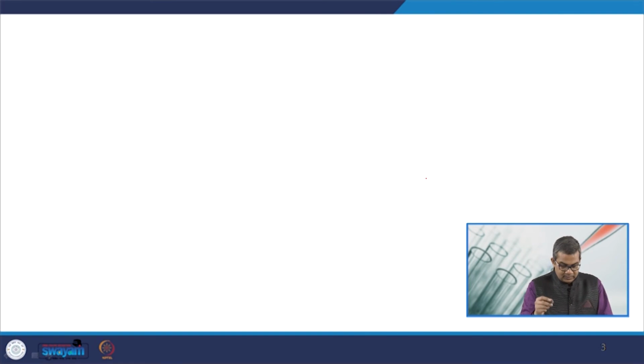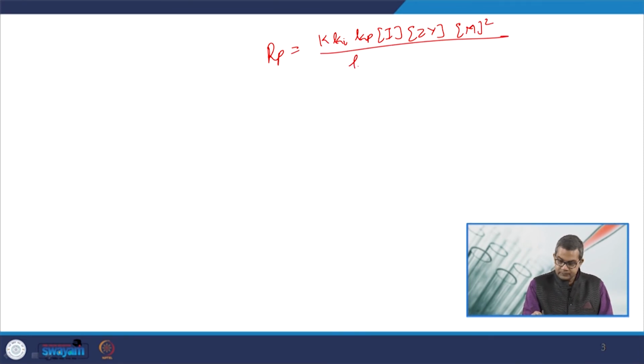Now for the case when chain transfer to S terminates the kinetic chain, the polymerization rate is decreased and it is given by Rp is equal to Kp I Z Y M square Kt plus Ktrs.